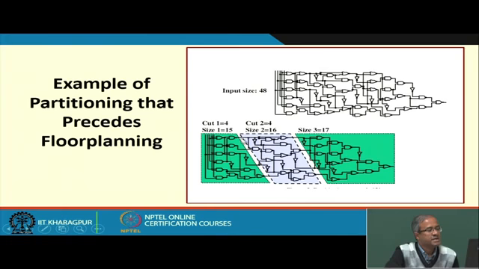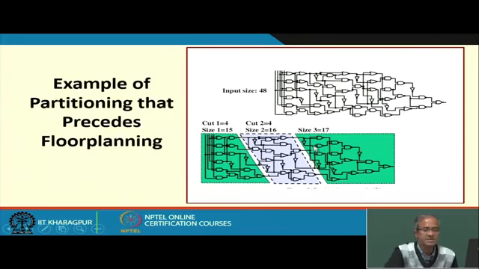And also you look at the number of interconnection wires between the partitions. Between first and second partition there are 4 connections, so we say that this cut size is 4. Similarly, between second and third there are 4 connections, this cut size is also 4. First and third there are none.